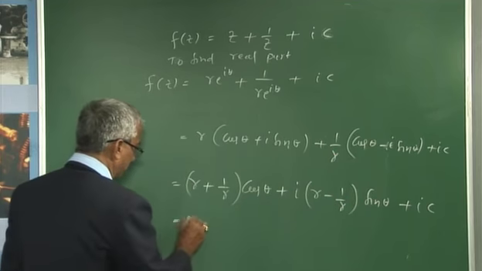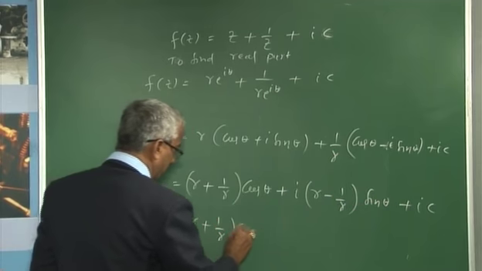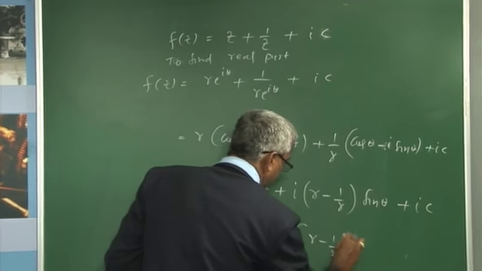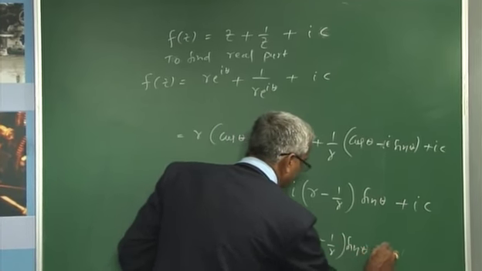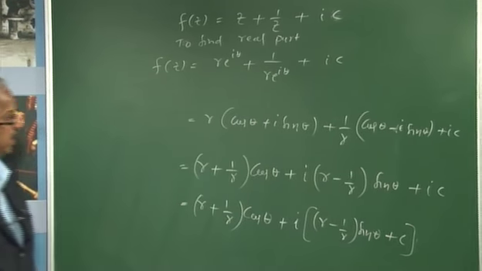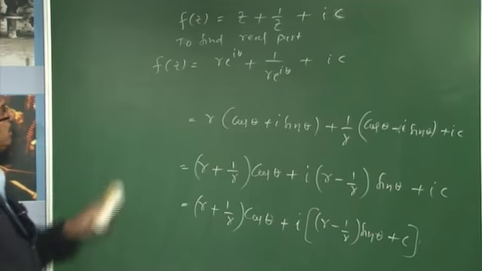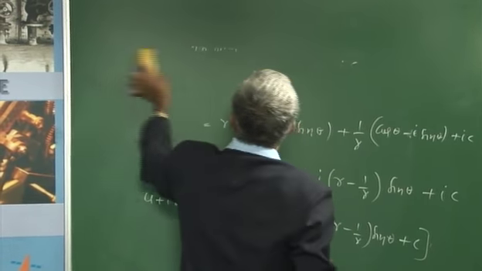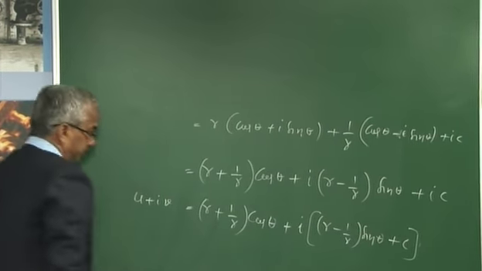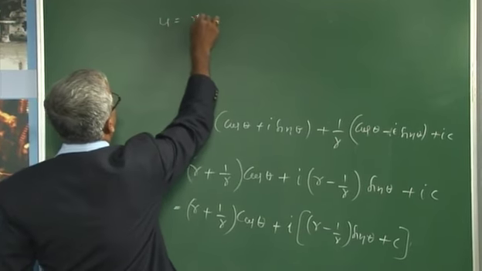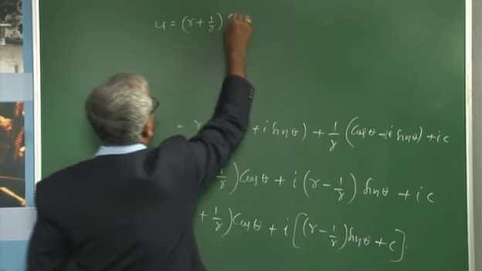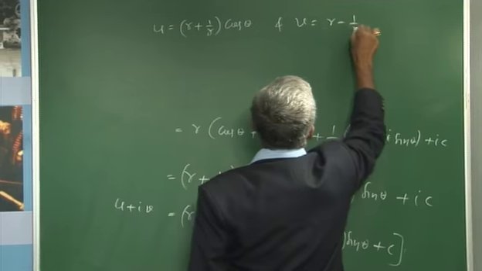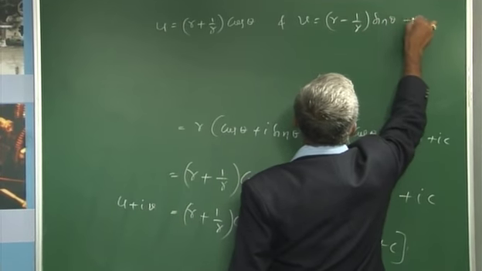This gives (r plus 1/r) cos theta plus i times (r minus 1/r) sin theta plus C. Equating the real and imaginary parts of this function, that is u plus iv, which gives u equal to (r plus 1/r) cos theta and v equal to (r minus 1/r) sin theta plus C.